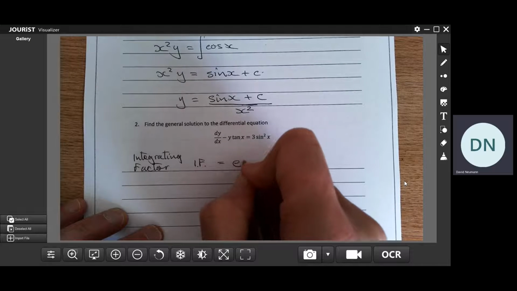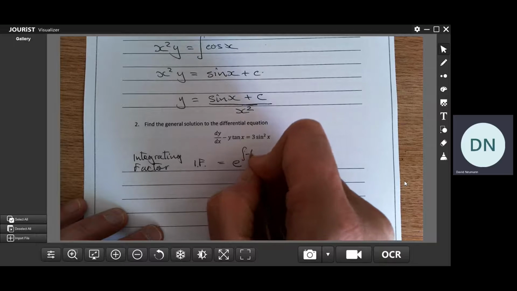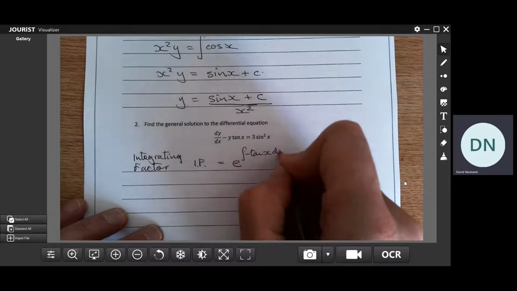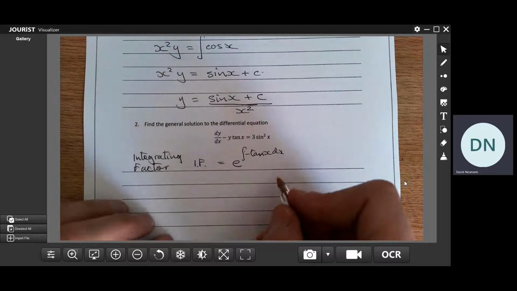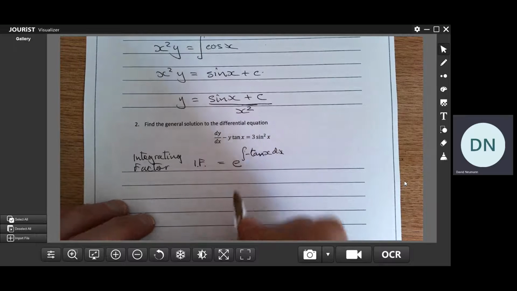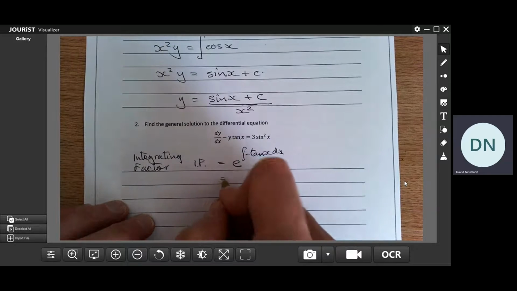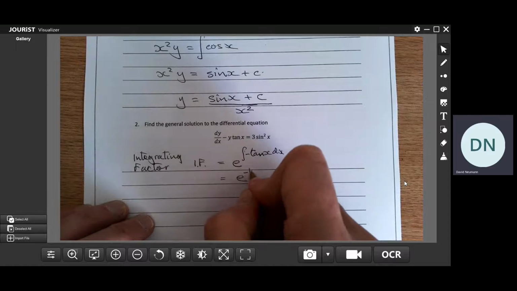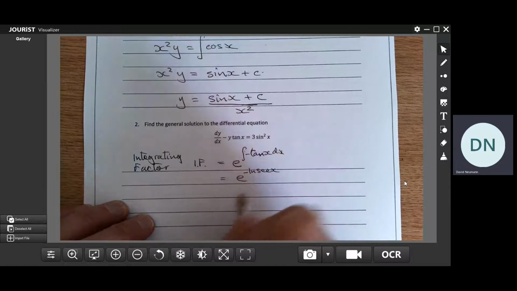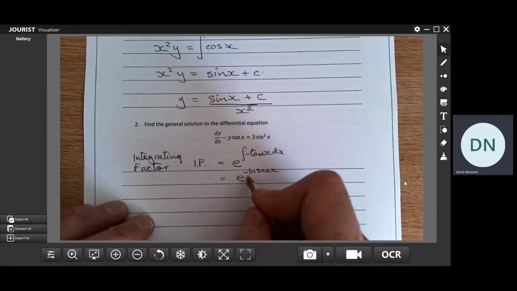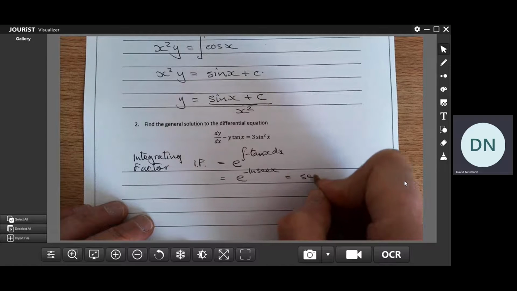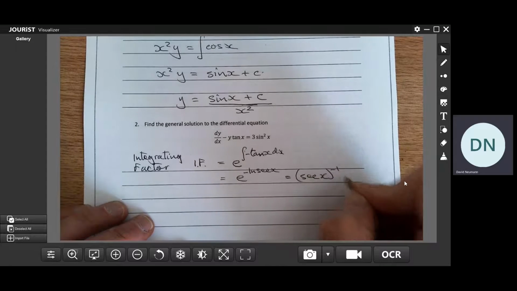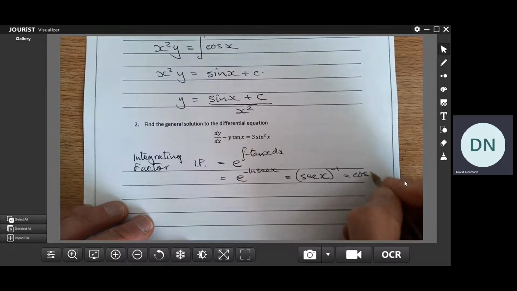So we want e to the integral of minus tan x dx. When we integrate minus tan x, we get minus ln of sec x. So it's e to the minus ln of sec x. And that's e to the ln of sec x to the minus 1. So that's sec x to the minus 1, which is equal to cos x.